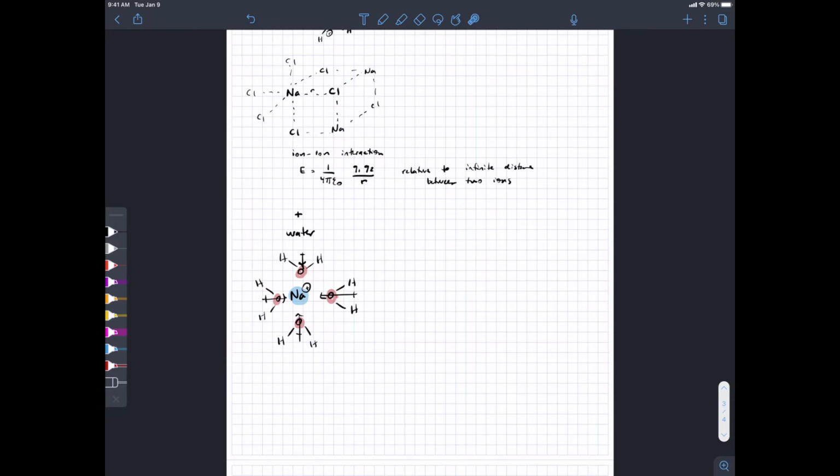And the answer is it's not, in the sense that you can fully replace the strength of this interaction in the crystalline state with other interactions that you form in solution.